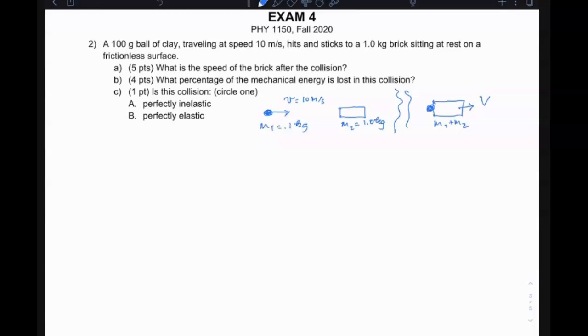So we apply conservation of linear momentum, since there are no external forces acting on the system.